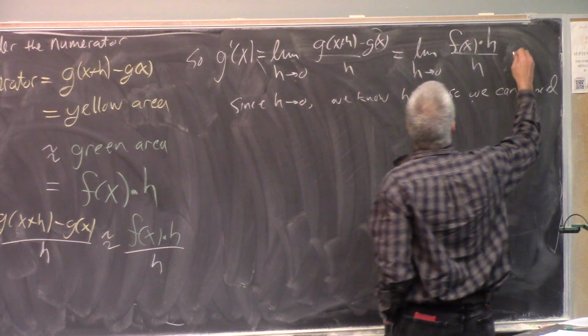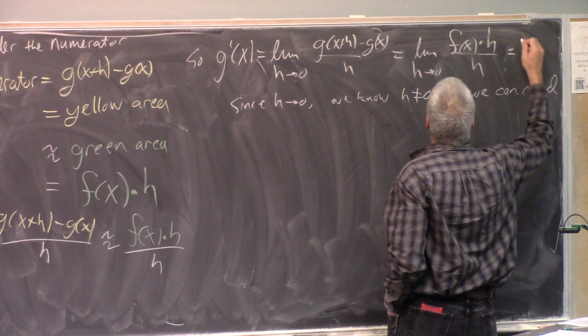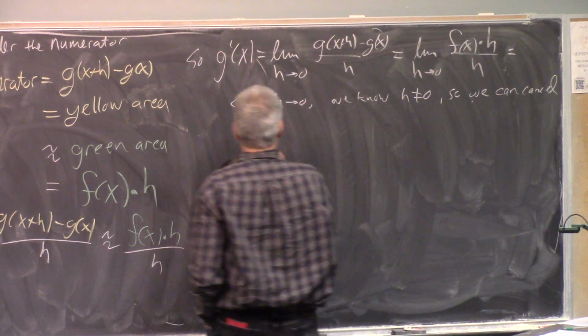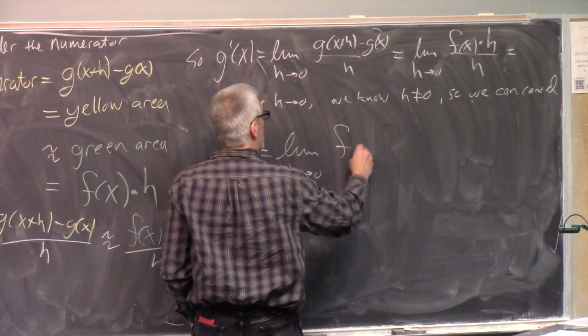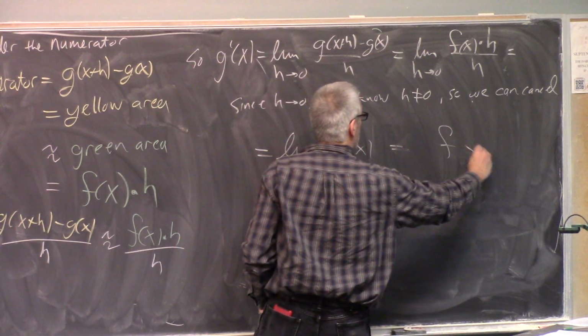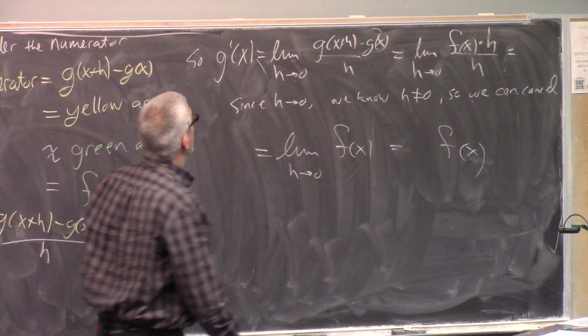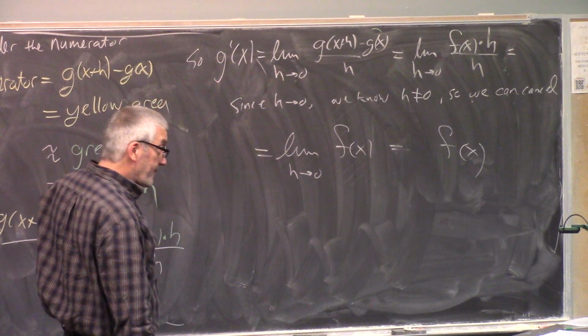So this is just equal to the limit as h approaches 0 of f of x, but that's just f of x. So we get that g prime of x is f of x.